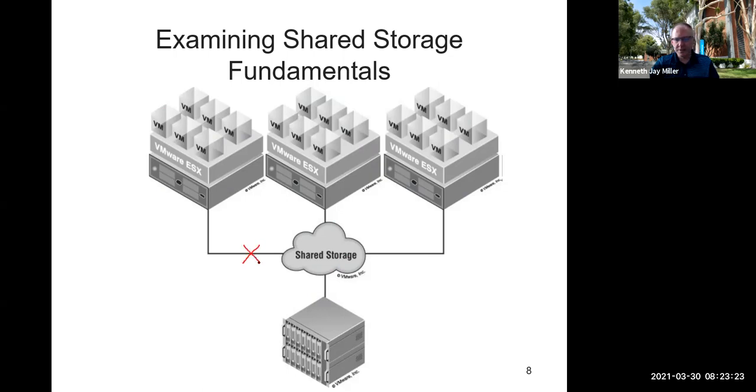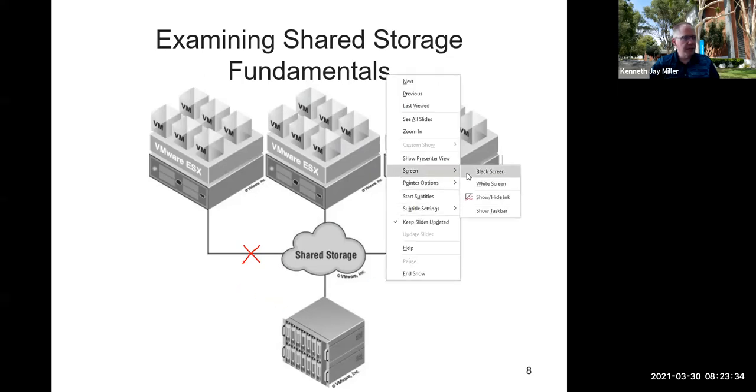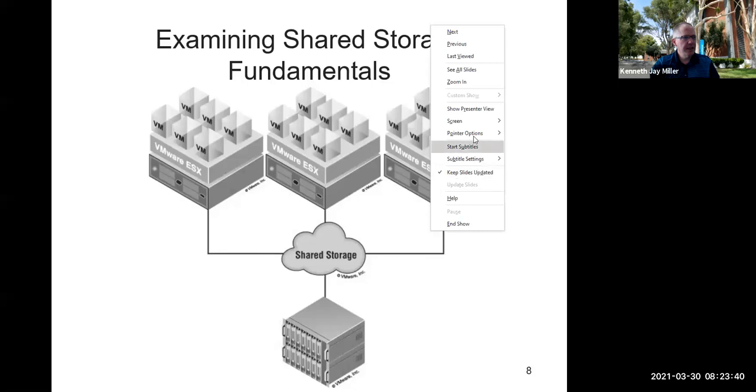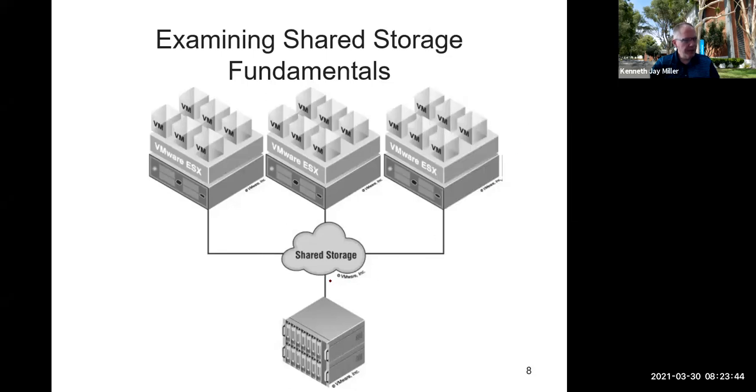Again, it's just these VMs and nothing else. As you bounce around on this screen, you can start to see that our biggest point of failure is going to be this network or this disk subsystem.